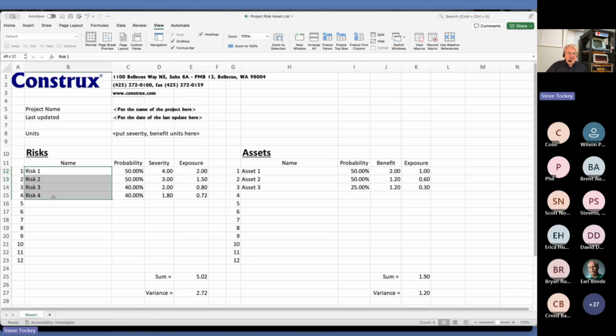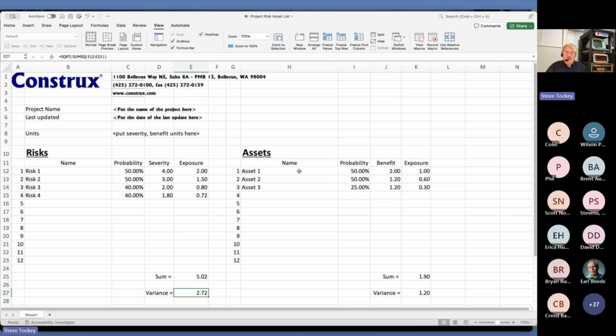But let's just say there are 4 risks with these probabilities and these severities, that if it's a 50% probability of a 4-unit severity, the exposure, the expected value, is 2 units. If it's 40% of 2, it's blah, blah, blah. Okay. What I really need to do is pay attention to this sum and this variance down here. This is a helper spreadsheet that I copy those numbers from and plug them into the tool, as I'll show you in a moment.